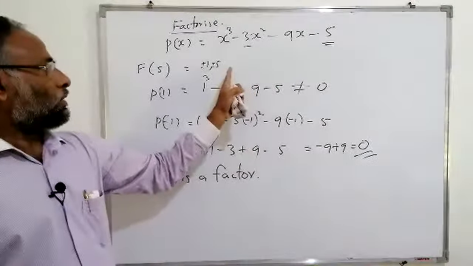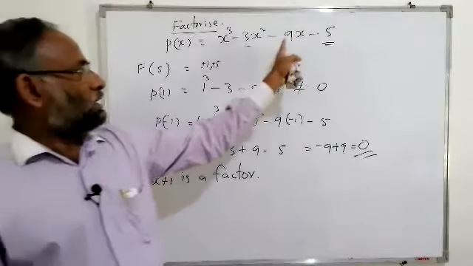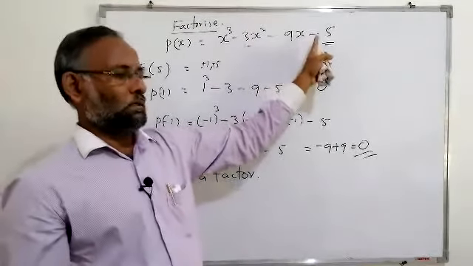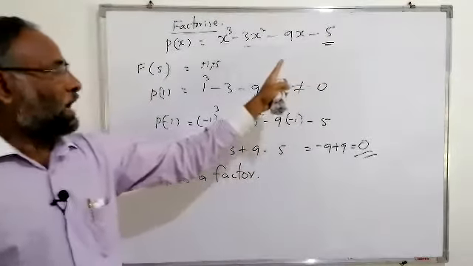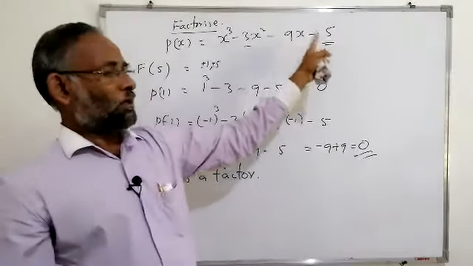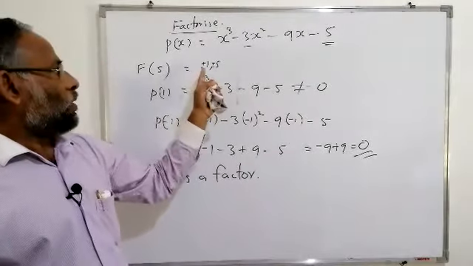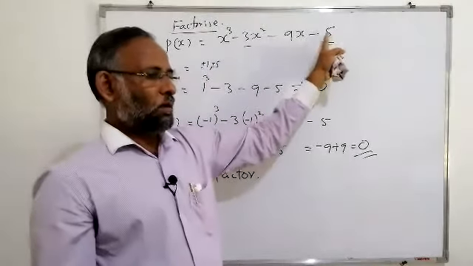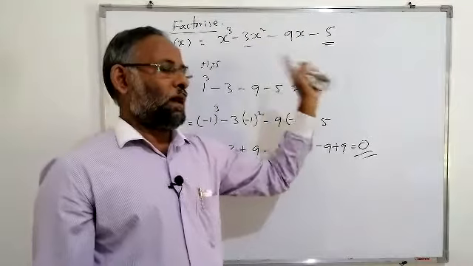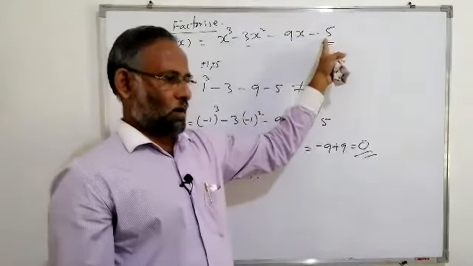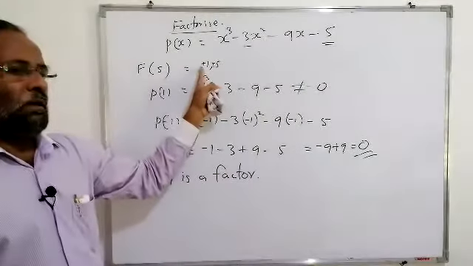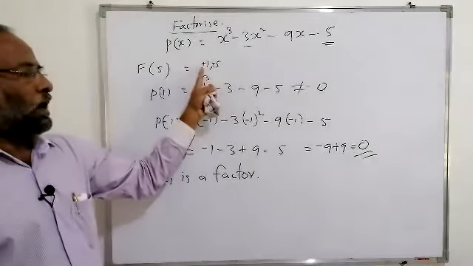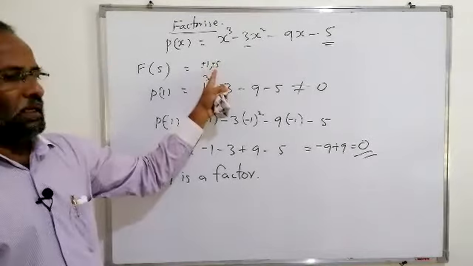Now don't get confused. Don't take this one, take the last constant, 5. The factors of 5 are 1 into 5 is 5, minus 1 into minus 5 is also 5.